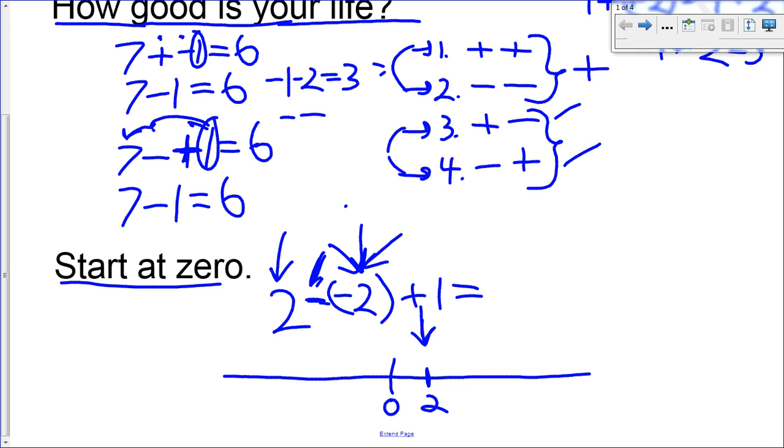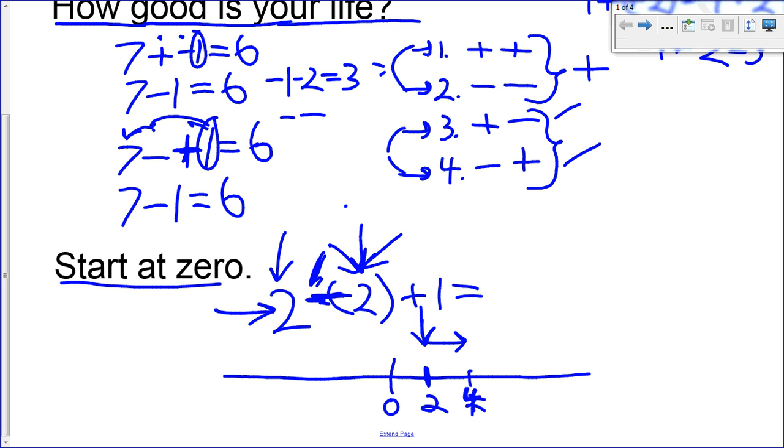So we're really adding 2 here. Okay? So we start at 0, and then whatever our first number is, that's where we start. And then we continue on from there. If we had to add 2, then we would move 2 more in the positive direction. And we would wind up at 4. Okay?